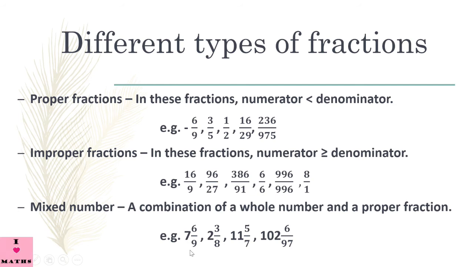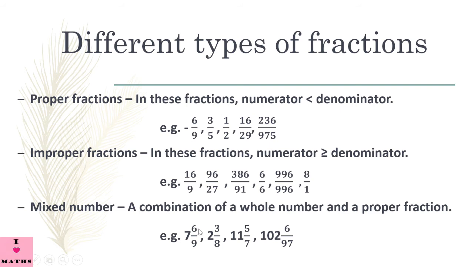Now children, to understand a mixed number, I will just take the first example and explain it to you. Suppose your mama has baked 8 cakes for a party and your friends came and they finished off 7 cakes in full, and the 8th cake, which had been divided into 9 equal parts, 6 parts got finished.